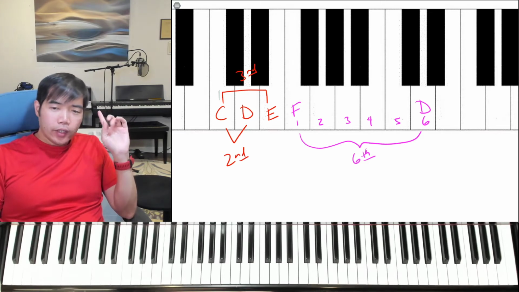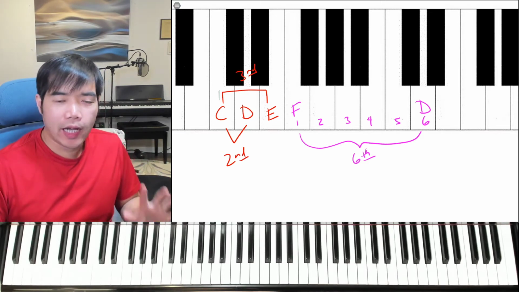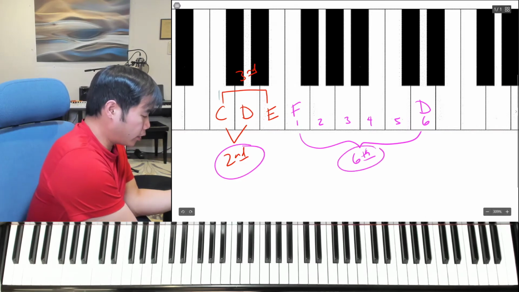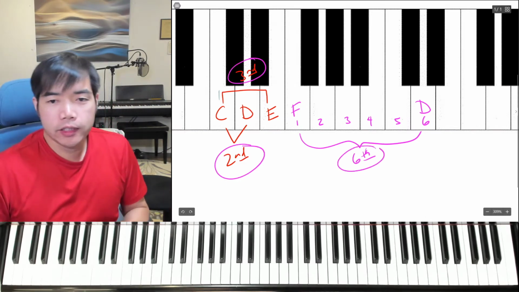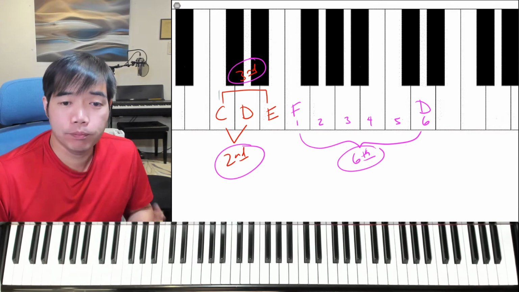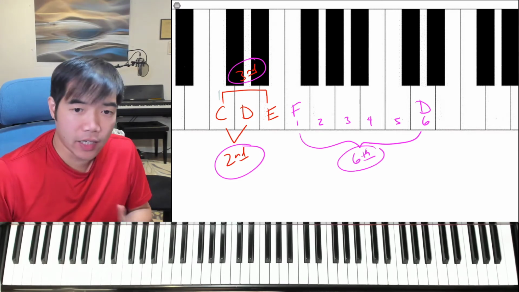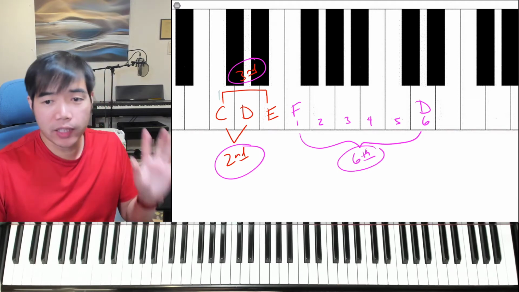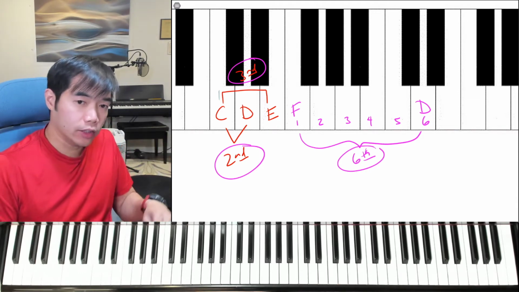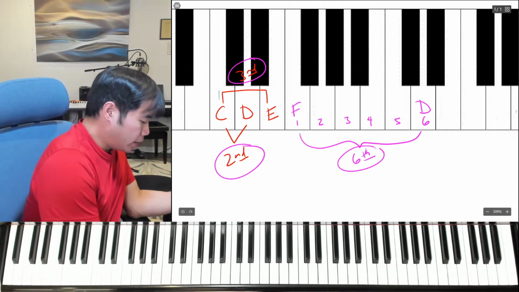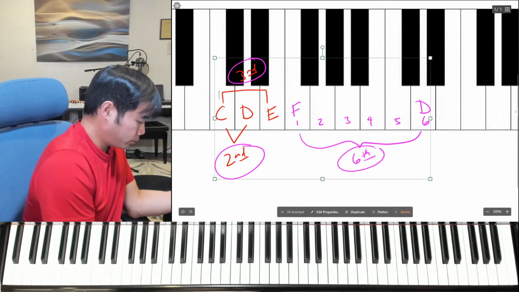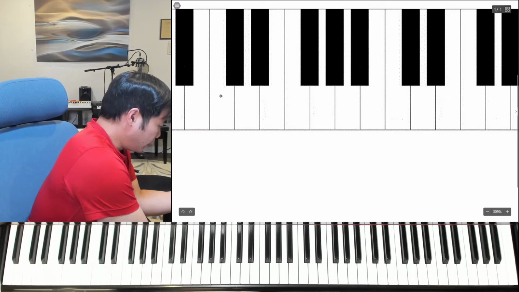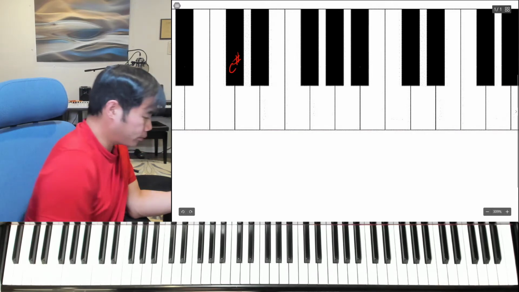Now, it's important to note that the interval number, second, sixth, third, is completely dependent on the spelling of the notes and not the accidentals. Spelling meaning what letter the note is. So let's take, for example, let's say that we have the note C sharp.